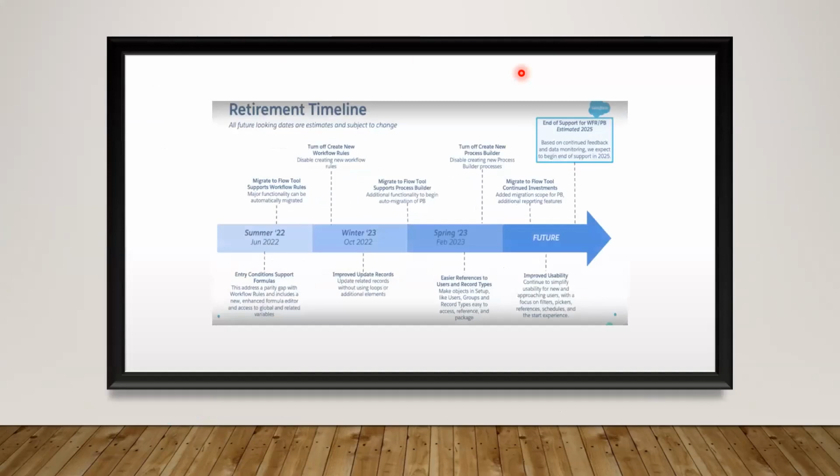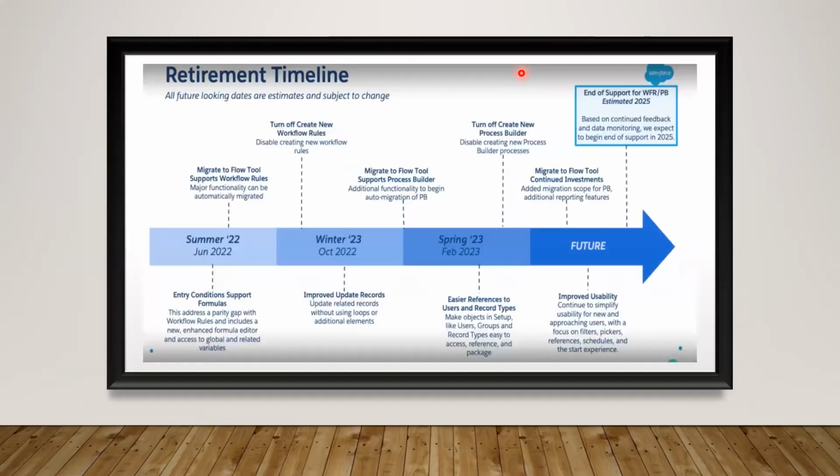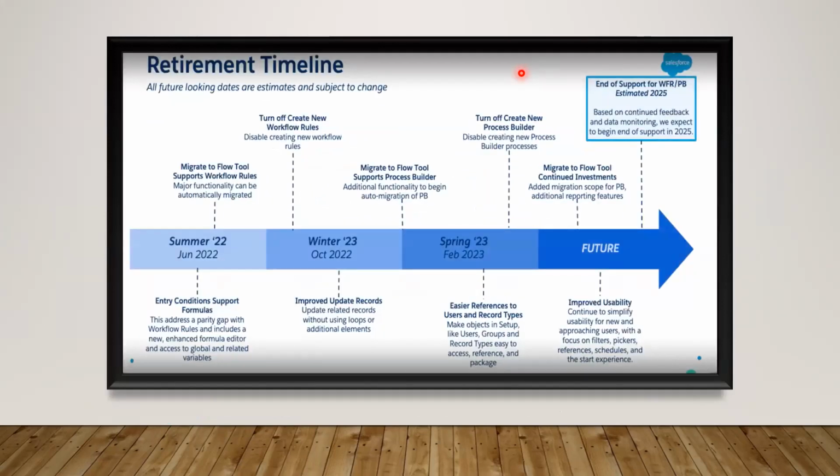Now, why is it so important for us to learn Flow? Most people who are working on sandboxes already have the Winter 23 updates there, but for those who don't know, Salesforce plans to retire workflow rules and Process Builder.